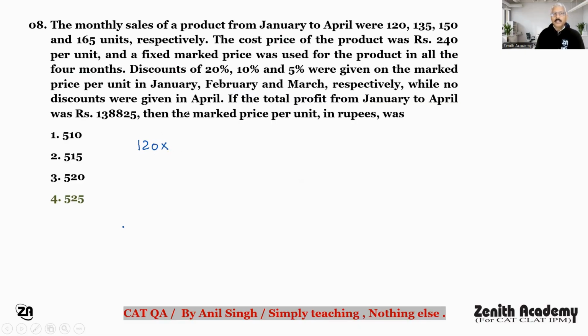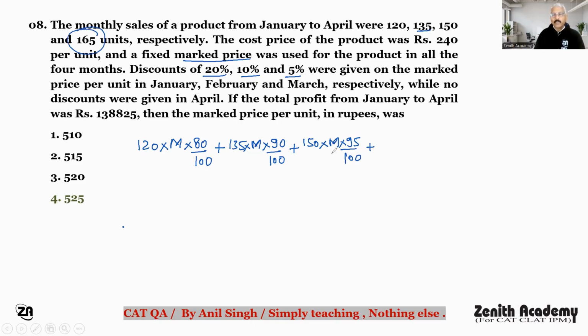So suppose each unit mark price is M. So 120 into M, and in January it is at a discount of 20%, so it is sold at 80%. In February, 135 into M at 10%, means at 90% of mark price, plus 150 at mark price M at 5% discount, means at 95% of the mark price it is sold.